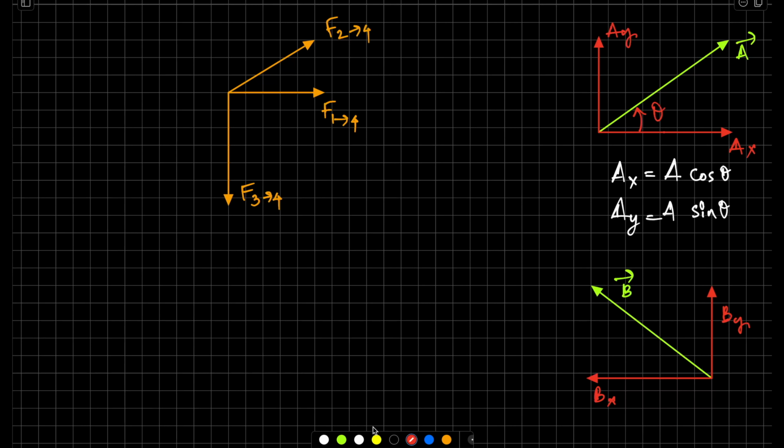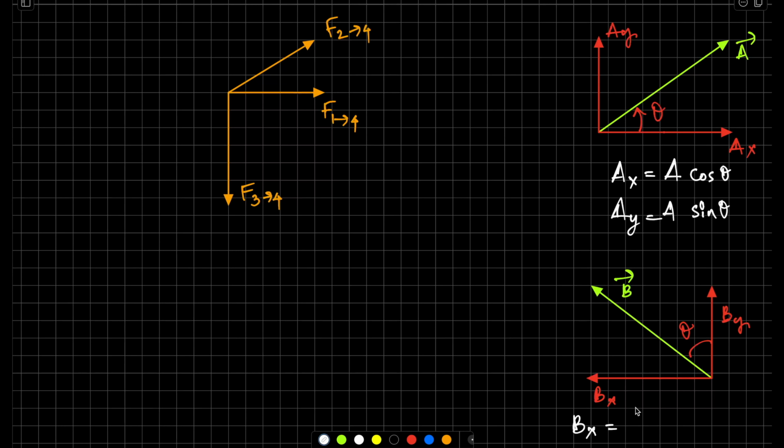Okay, now how do you find these vectors? Alright, so let's say this time I'll give you this angle. Okay, let's say this is our angle, right? I'm going to find the components. Bx is not touching the angle, right? This is our angle. Bx is not touching the angle, so Bx is sine.